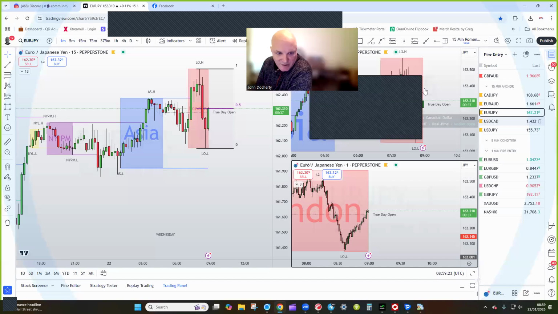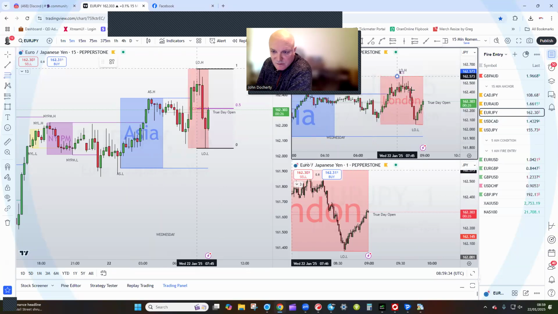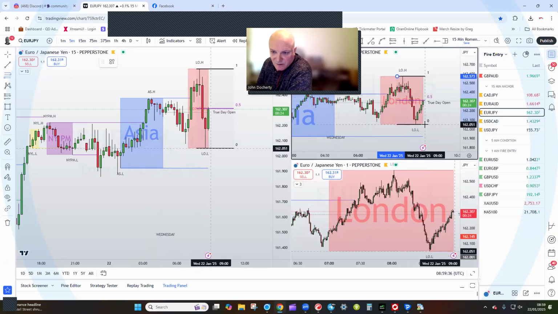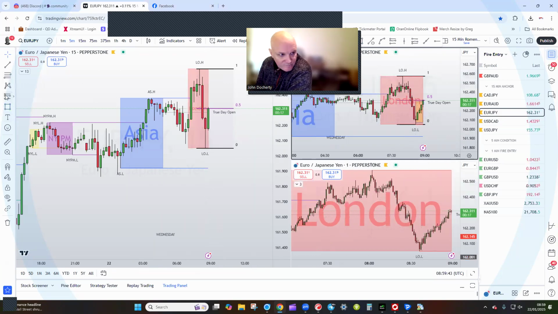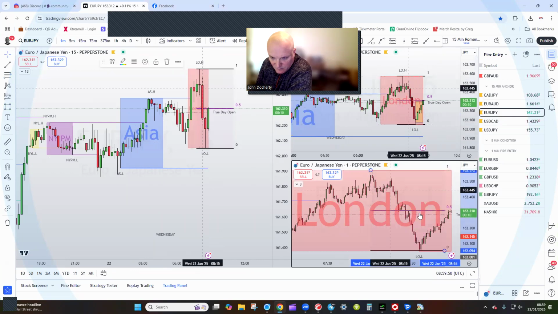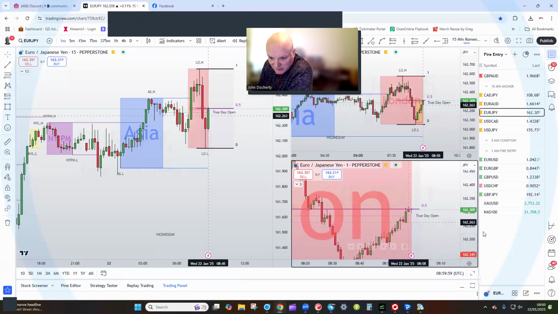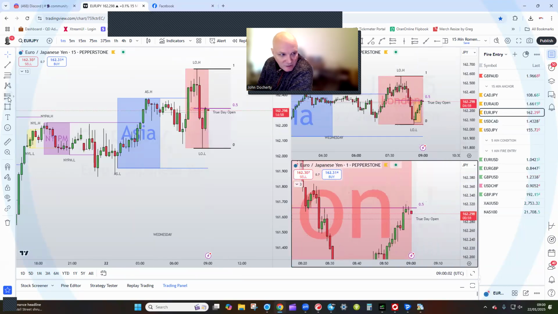All right, guys. So we've had a touch into the 50% on the anchor. So I'm just going to bring this down. Were there separation candles? There was at least 3. So now what we're waiting for, because we're looking for a sell, we're waiting for a bullish candle, followed by a bearish engulfing.